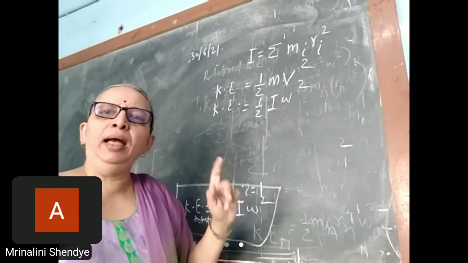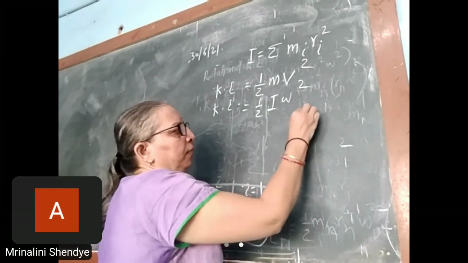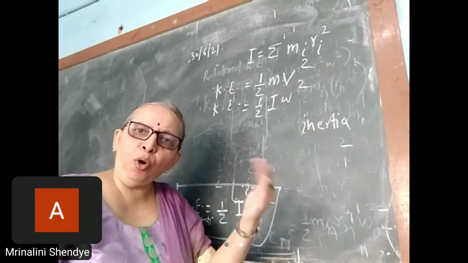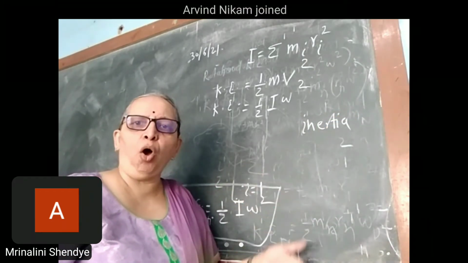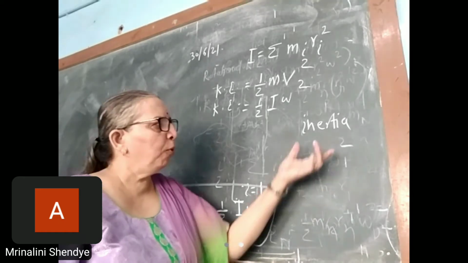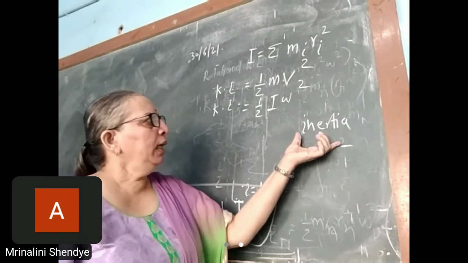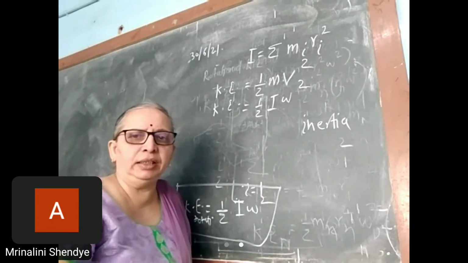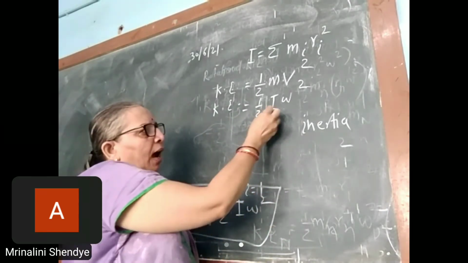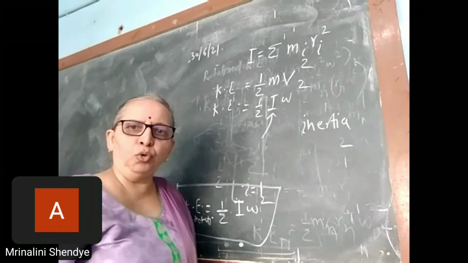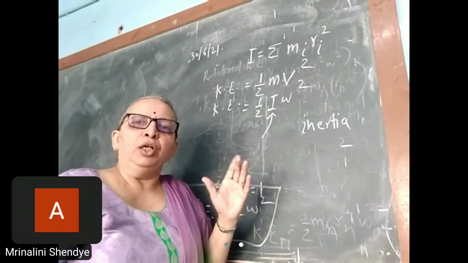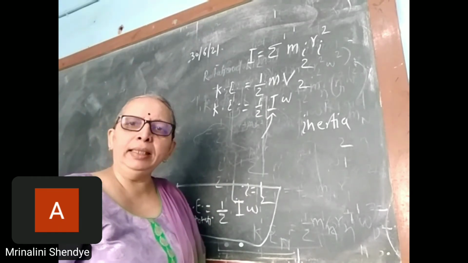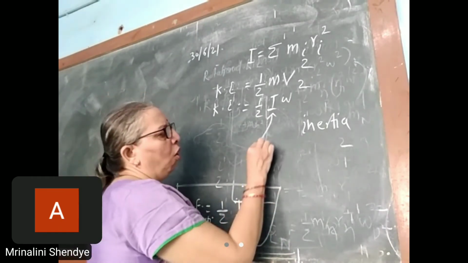M क्या है, it is inertia. It opposes the motion of the body. So opposition to motion is governed by mass in translational motion. Similarly, opposition to rotational motion by the body should be governed by this quantity, and it is called moment of inertia.